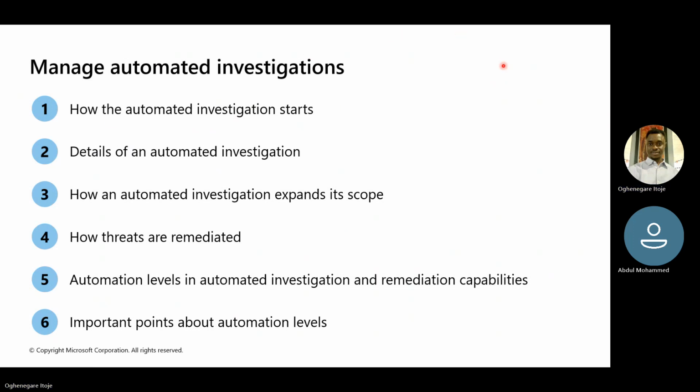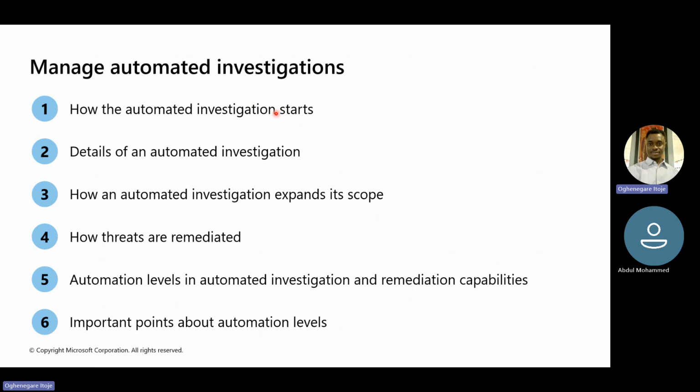Now, how does the scope of an automated investigation expand? While the investigation is running, any other alerts generated from the device are added to the ongoing automated investigation until the investigation is complete. In addition, if the same threat is seen on other devices, those devices are also added to the investigation.